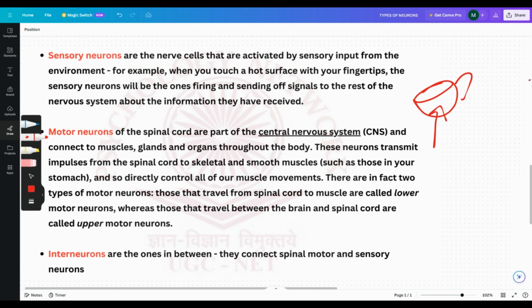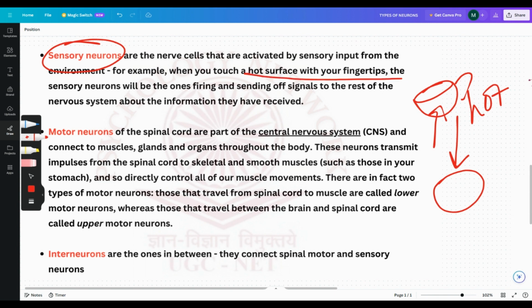How do you realize it's hot? That is because of sensory neurons. What it does, it sends a signal to the brain that it's hot. See, a hot surface with your fingertips, the sensory neurons will be the ones firing and sending off signals to the rest of the nervous system about the information you have received.